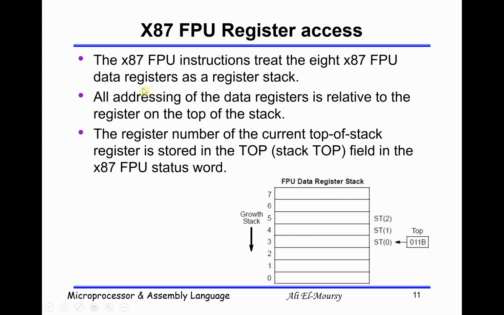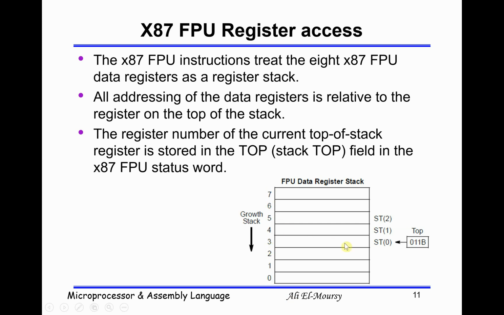So the x87 floating point instructions treat the 8 floating point data registers as a register stack. Since we have a stack, we know how to access it, using what we call push and pop, but this is a stack of registers, so the registers themselves form a stack. That's why the programmer, when he accesses the registers, will not use their absolute numbers.